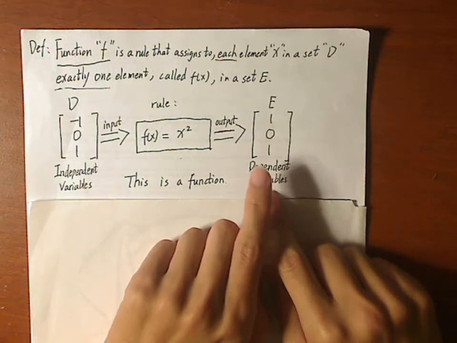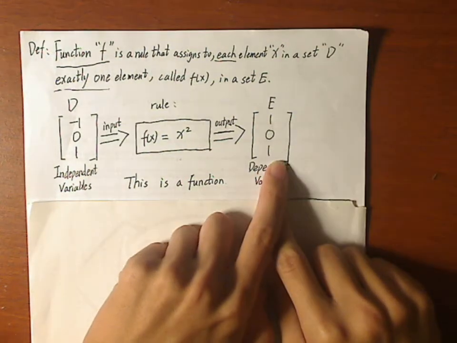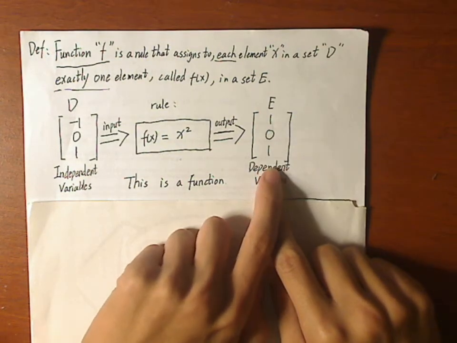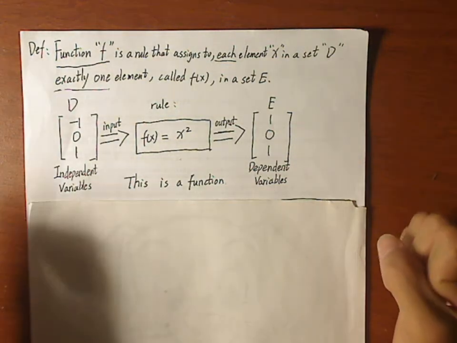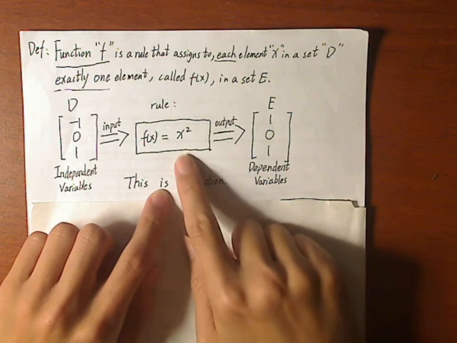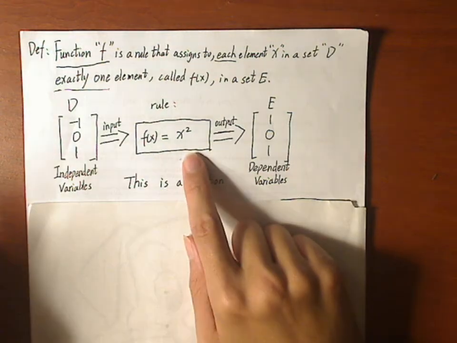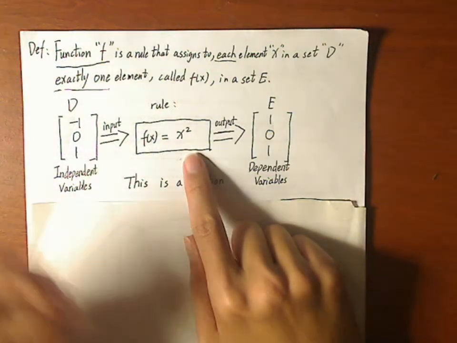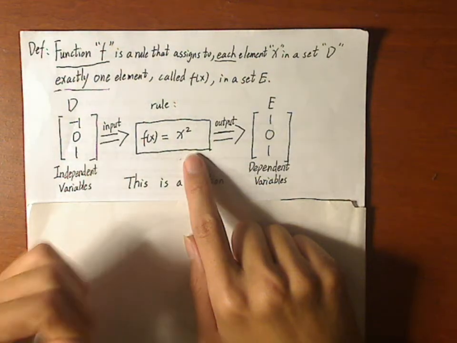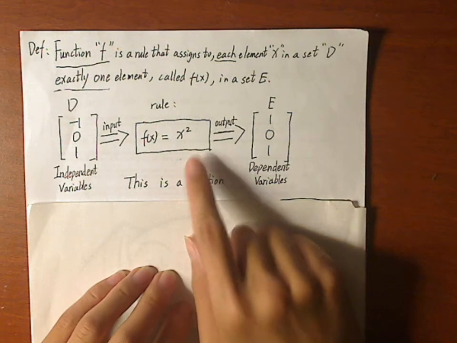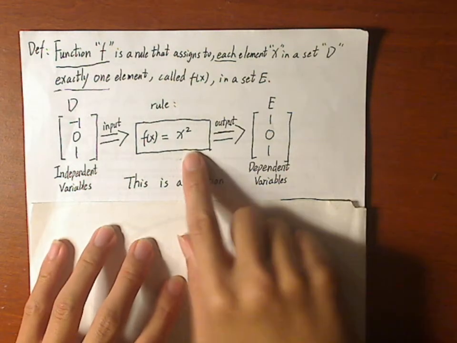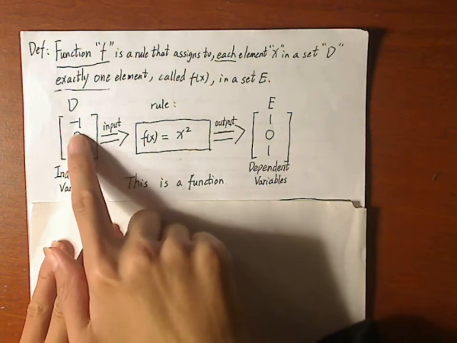You calculate the numbers and you get the result in E. So the rule is a function. My example is f(x) equals x squared. You can have f(x) equals x plus 1, a negative function, exponential function, logarithmic function, anything you can think of. You put it in, and you have the input, the numbers you're going to input.